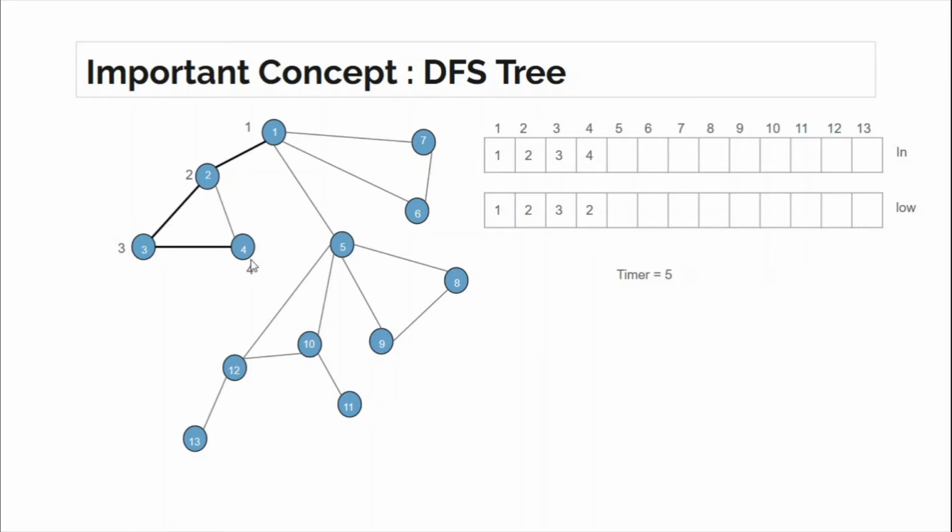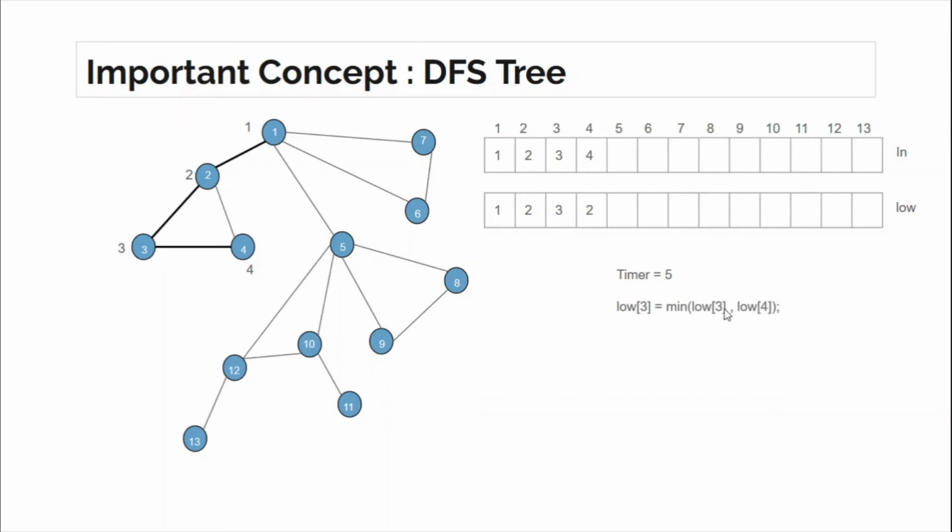Using that path, node 4 is reaching the ancestor which was discovered before 3. So node 3 has an edge from 3 to 4, it can reach node 4, and then from node 4 it can use the same path to reach that ancestor. That is why if the low time of node 4 is 2, the low time of node 3 would be at least 2.